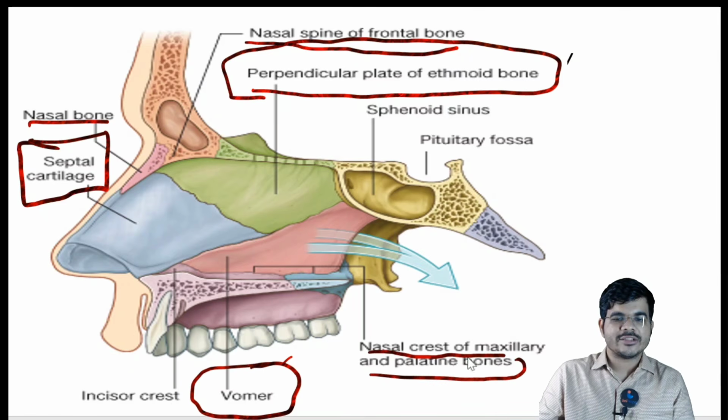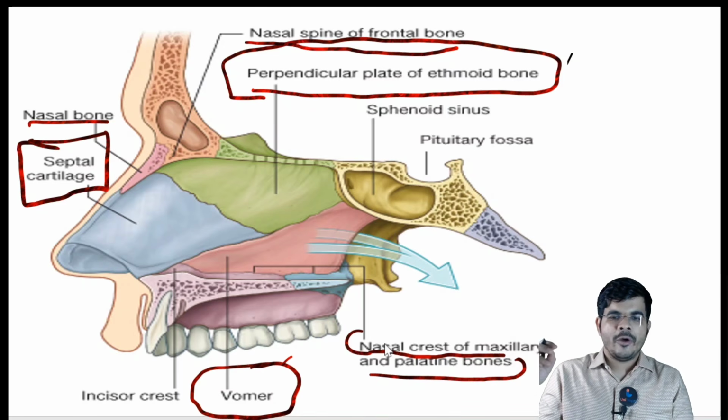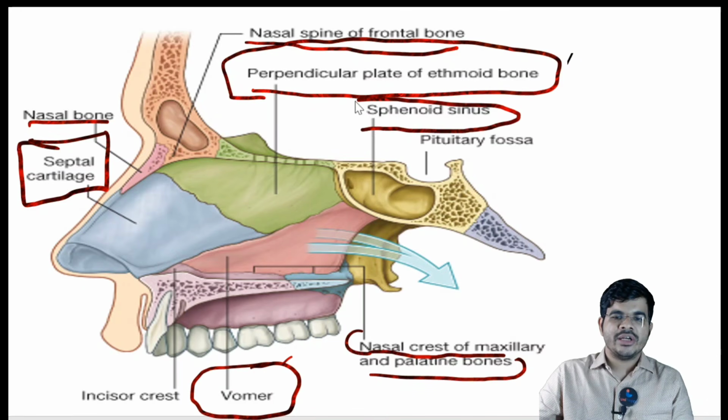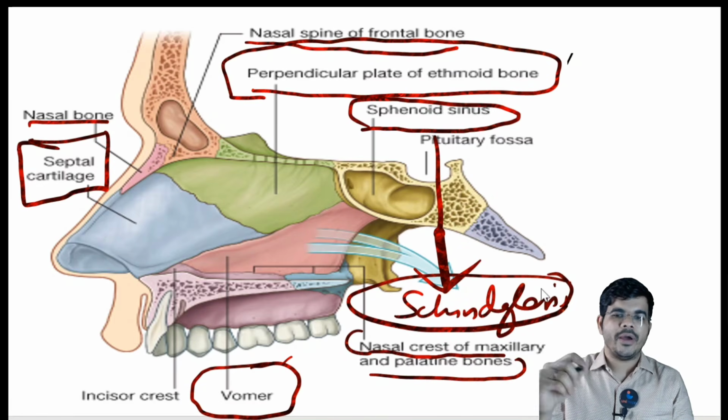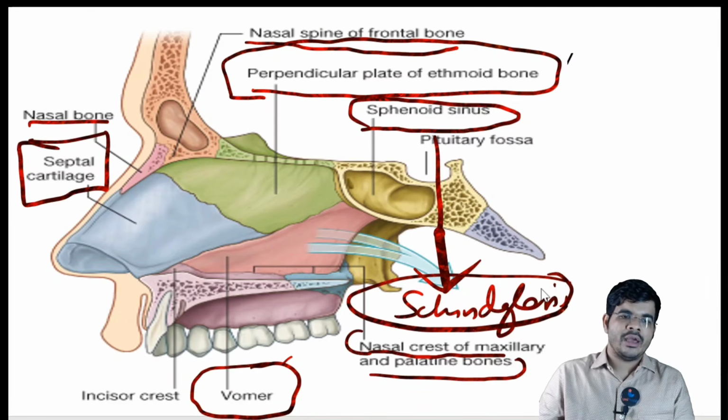The vomer and the rostrum of the sphenoid form a joint known as Schindler's. It might be asked in your anatomy as well. Schindler's is formed by the rostrum of the sphenoid and the vomer, in the septum proper.